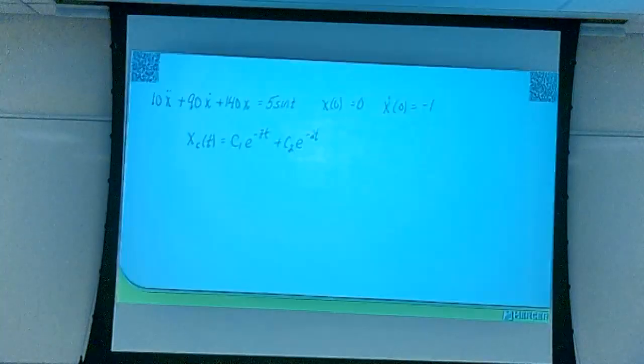Yeah, it's called undetermined coefficients, which means you need a form for the particular solution first. You can use variation of parameters. What you're going to have to do first, though, is divide everything by 10.